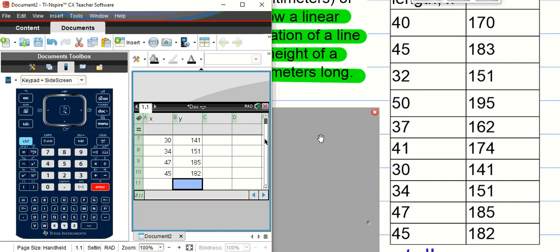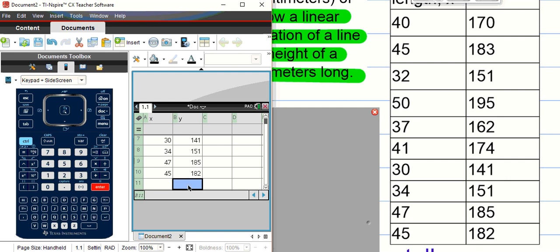I know you don't have one of these calculators at home with you, but you do have one in class that you can go back and plug these things in to look at all of this information. Just like I said before, make sure you hit enter on the last one so that your cell below the number is the one that's blue, that's highlighted.